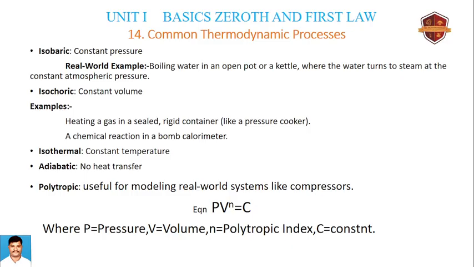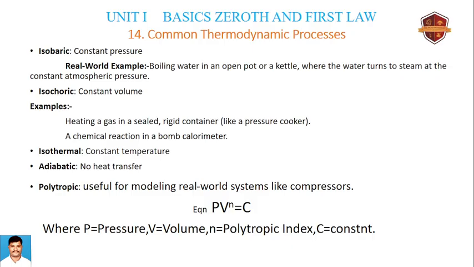Common thermodynamic processes. There are 5 categories. First one is isobaric, second one is isothermal, third one is adiabatic, fourth one is isochoric, fifth one is polytropic.